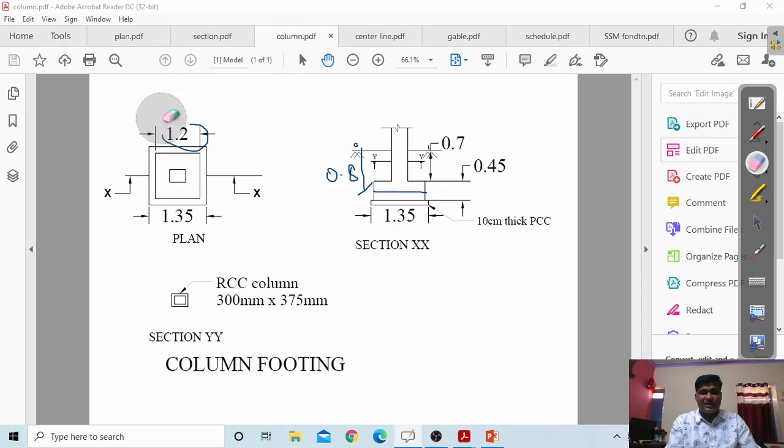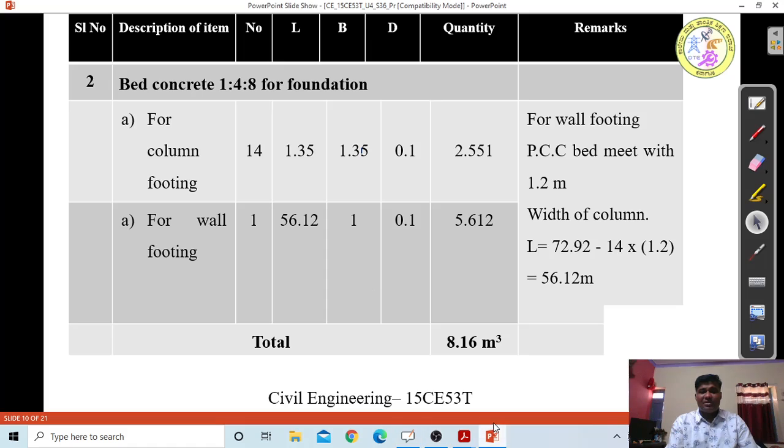So for that depth, for the considerable width, I am going to put the PCC, since the soil will be filled for this 15 centimeter on both the sides. So here I am going to take 1.2 meter as the width, 14 into 1.2 meter, that will give me 56.12 meter.